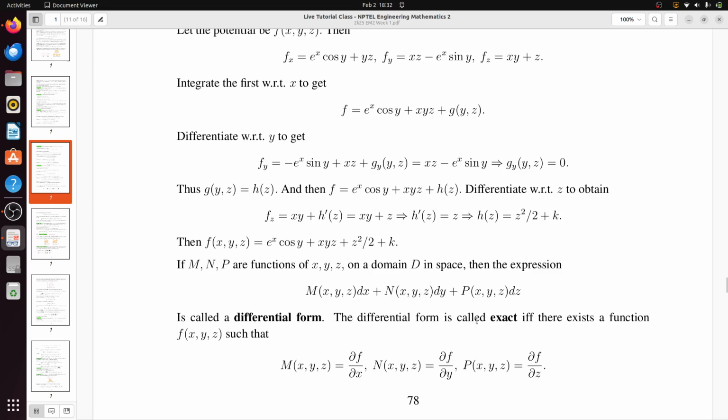The differential form is called exact if there exists a function f(x,y,z) such that M equals del f/del x, N equals del f/del y, and P equals del f/del z. This is a necessary as well as sufficient condition. Okay.